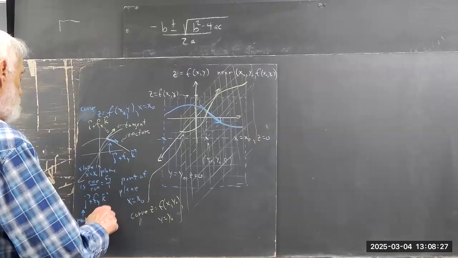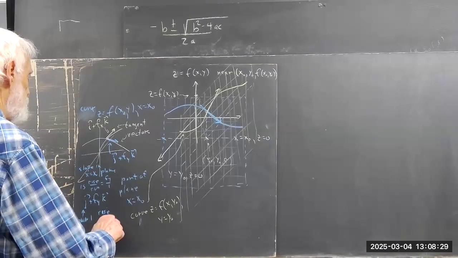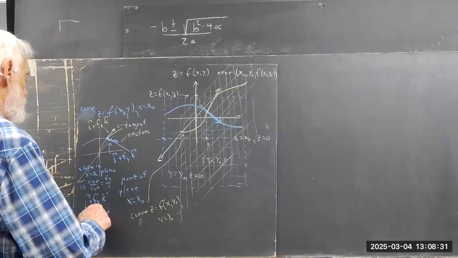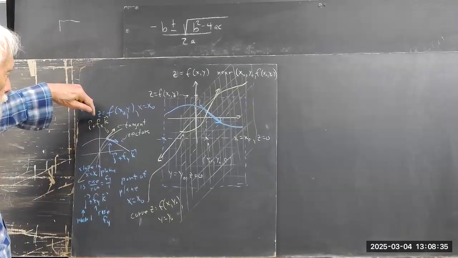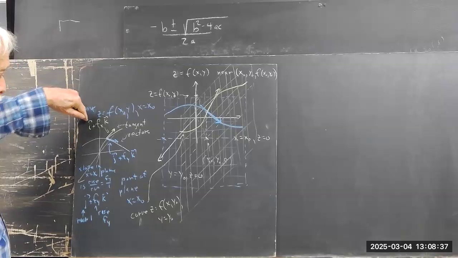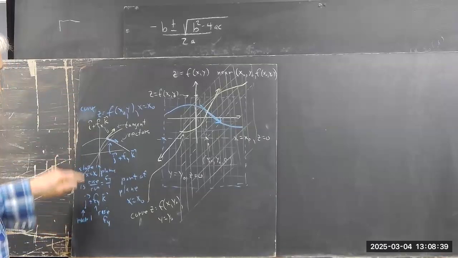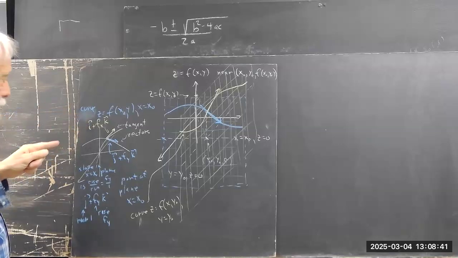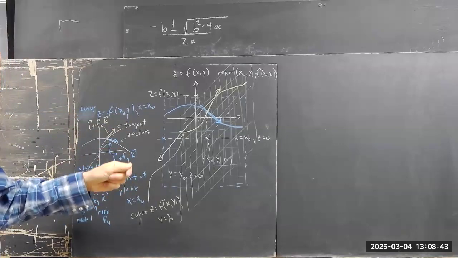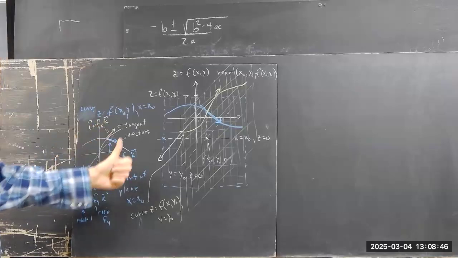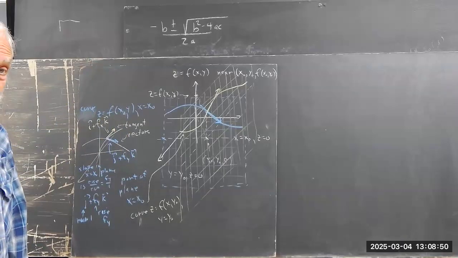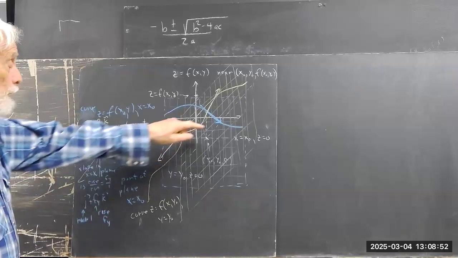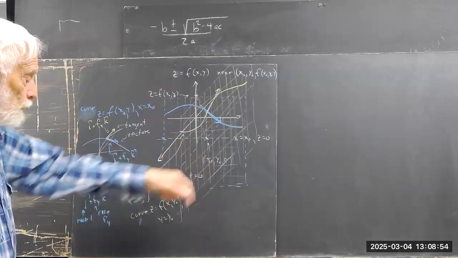Rise of Fy, run of j. Similarly, here you've got a rise of Fx and a run of 1, because you're going 1 unit in the i direction. The rise is Fx because you're going Fx units in the k direction, right? Where Fy and Fx are evaluated at x naught, y naught.